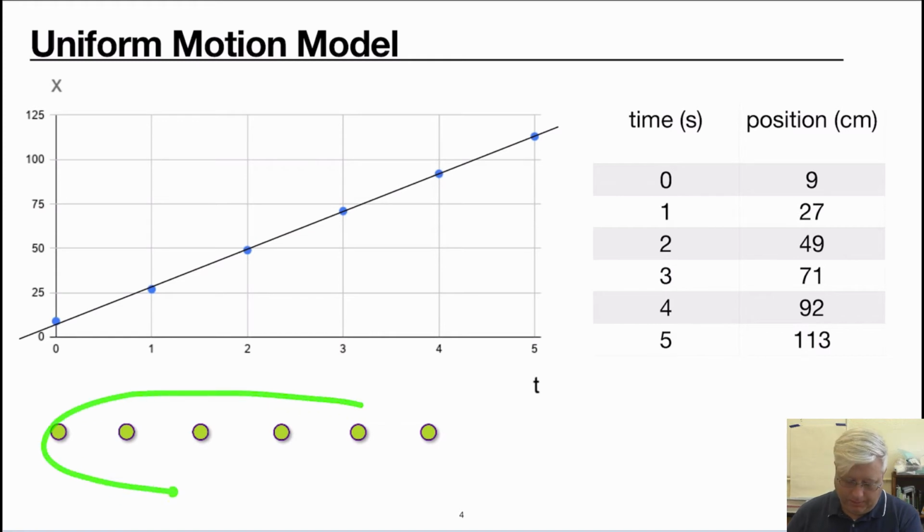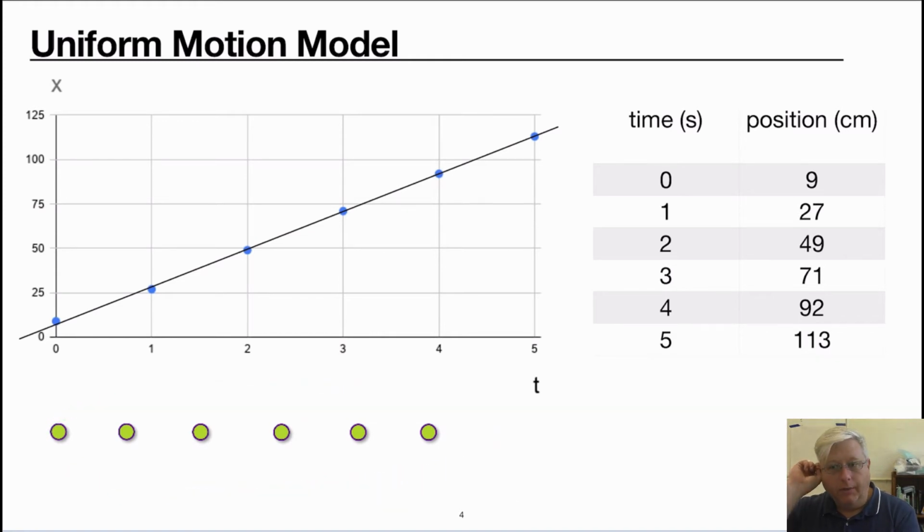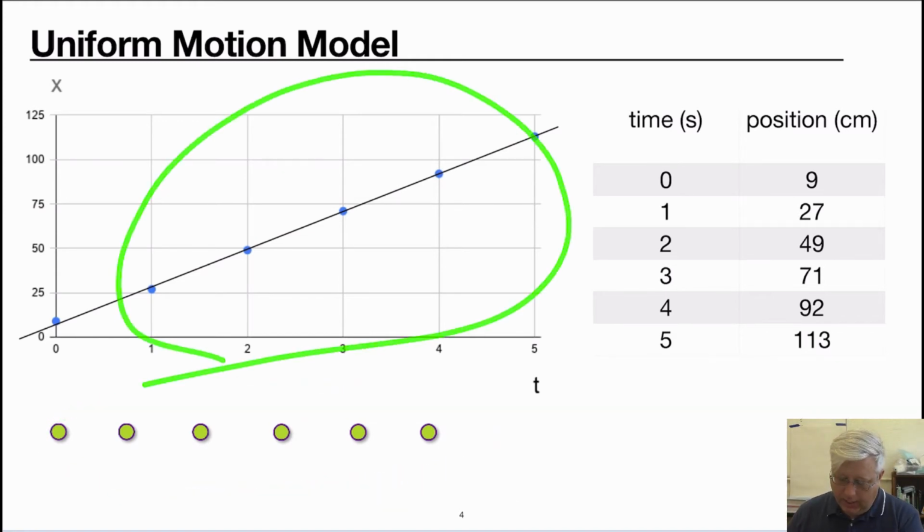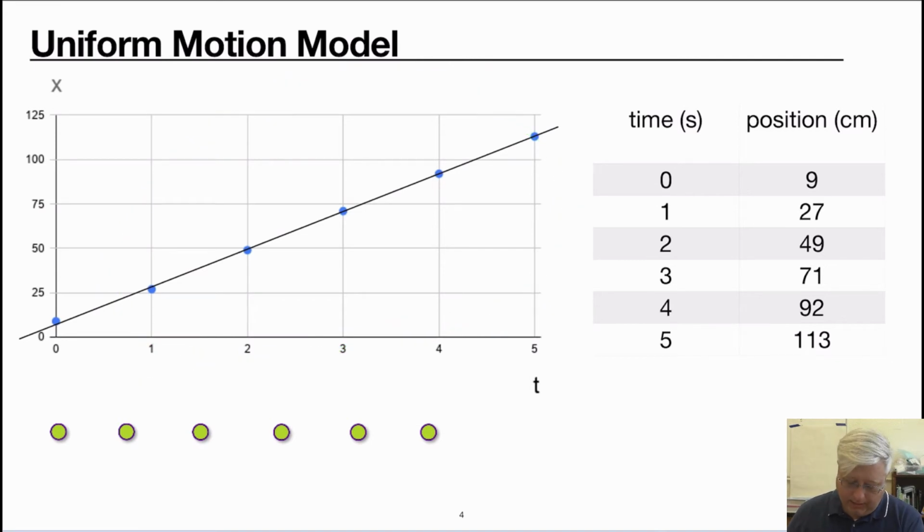So we looked at it pictorially, we looked at it graphically, and we also looked at it mathematically. So we said that uniform motion is just the displacement divided by the time interval. So a few different ways to represent the uniform motion model.